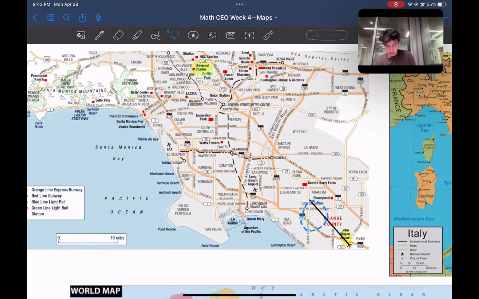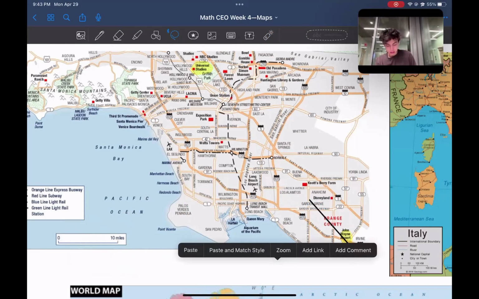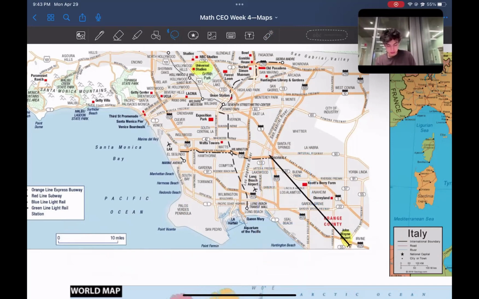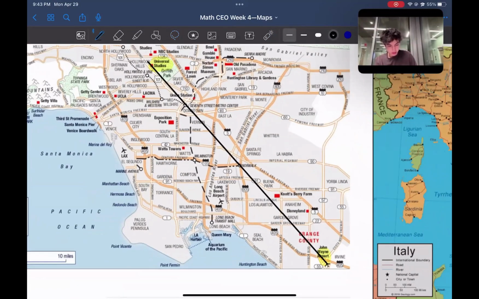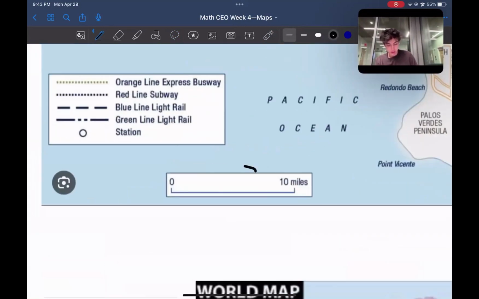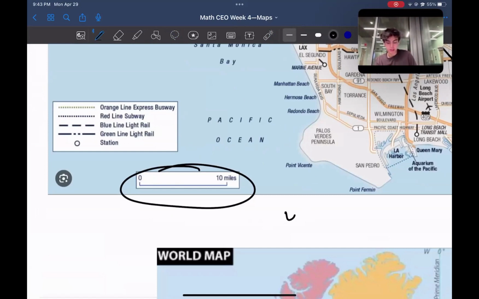Start from John Wayne Airport and then work my way towards Universal Studios. So there's two, copy both. Now there's four. So what we see is roughly 1, 2, 3, 4 times the initial 10 miles, which is approximately 40 miles.